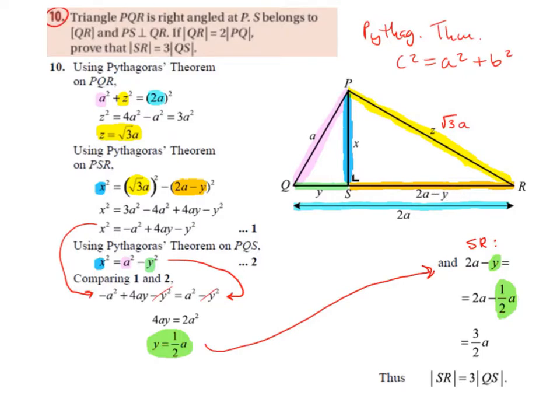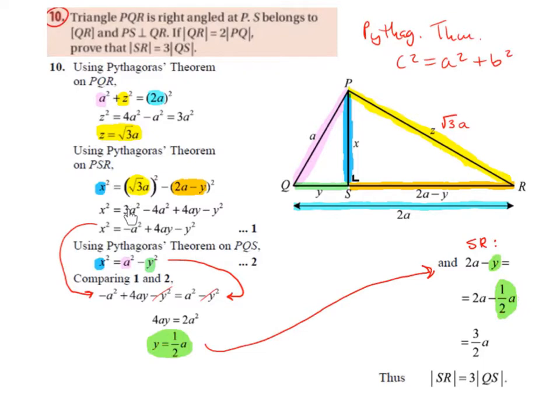So using Pythagoras' theorem, we have root 3a squared is equal to x squared plus 2a minus y squared. So we're going to bring the 2a minus y squared over the equal sign, and it becomes minus 2a minus y squared. So we have x squared equals root 3a squared minus 2a minus y squared.